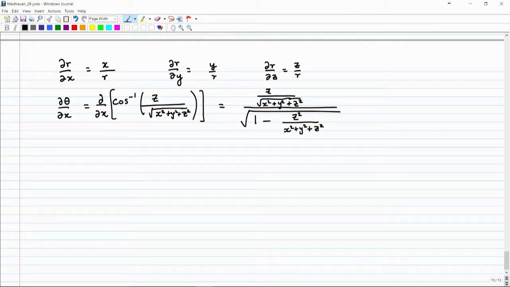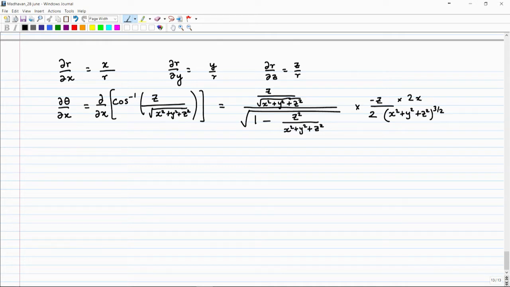And now, I have to take the derivative of this quantity with respect to x. So, you have something raised to minus half. So I will write z divided by 2, and what you have is x square plus y square plus z square raised to 3 by 2. I have a minus sign here, and then you have to take the derivative of x. So, you will get twice x.